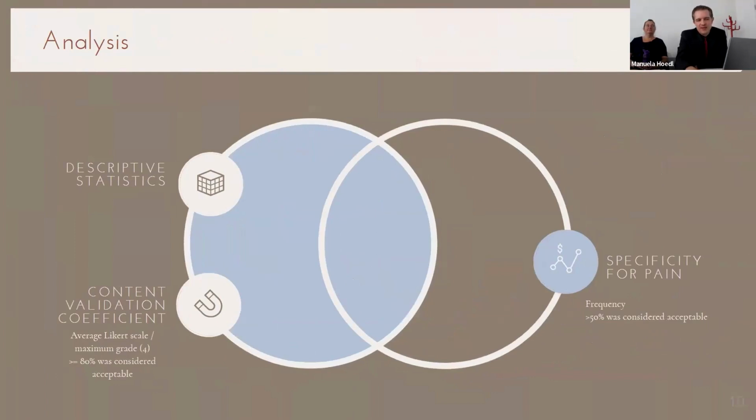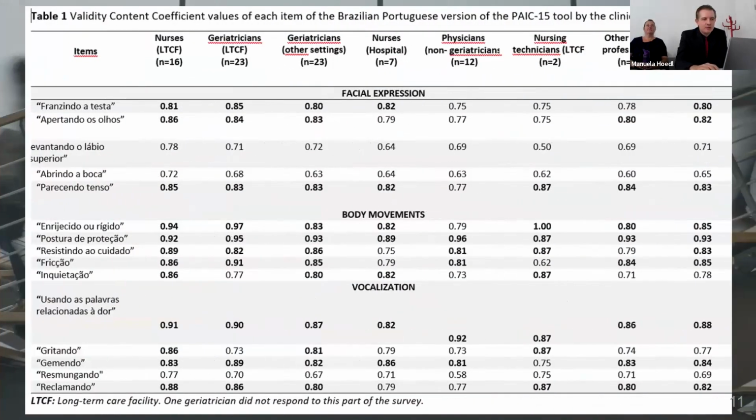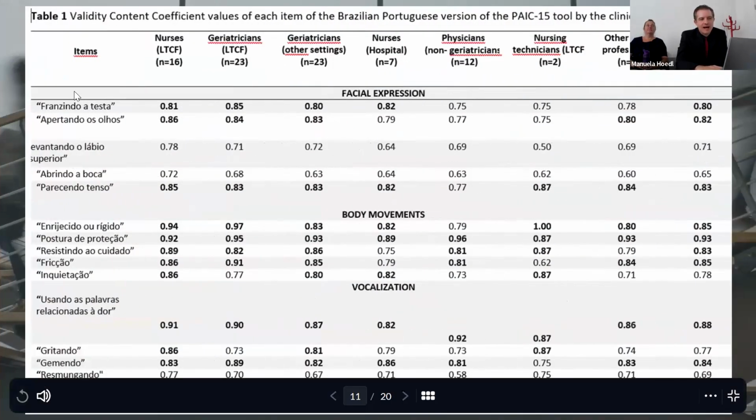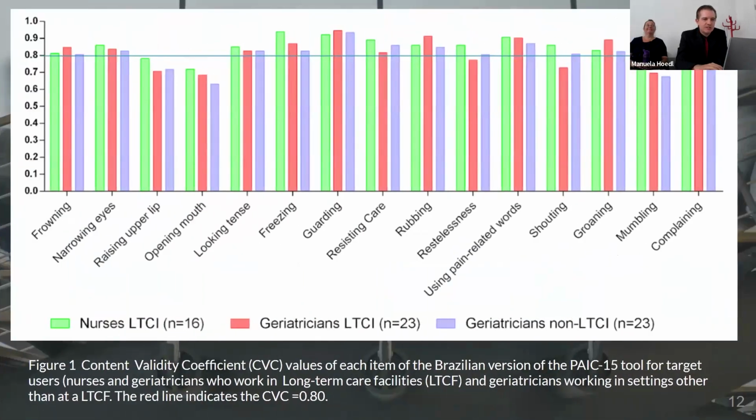So we made a descriptive analysis, a content validation coefficient, and evaluated the specificity for pain. And this is what we found. These are the items in Portuguese. Perhaps the graphics are easier to understand.